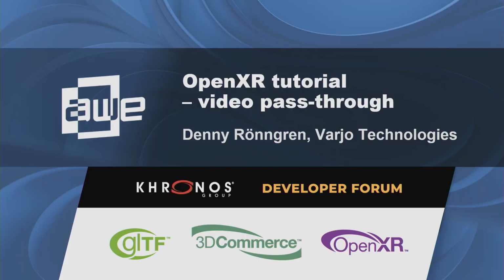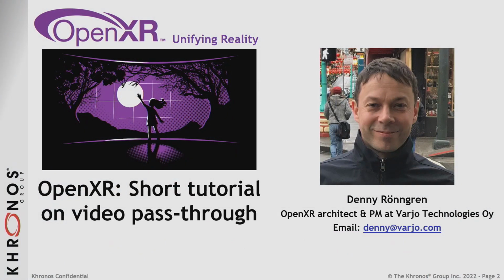Hello, everybody. So now we're going to change focus a little bit and look at how to enable video pass-through. In 10 minutes, you're going to learn how to do this. It's actually super easy once you know how to code for OpenXR. Essentially, there are two takeaways here.